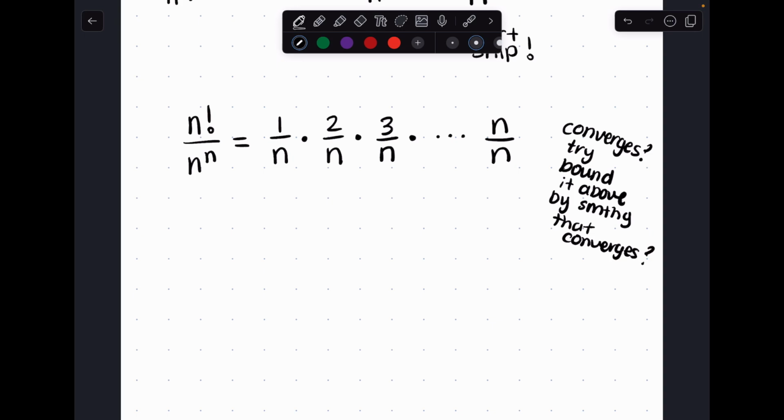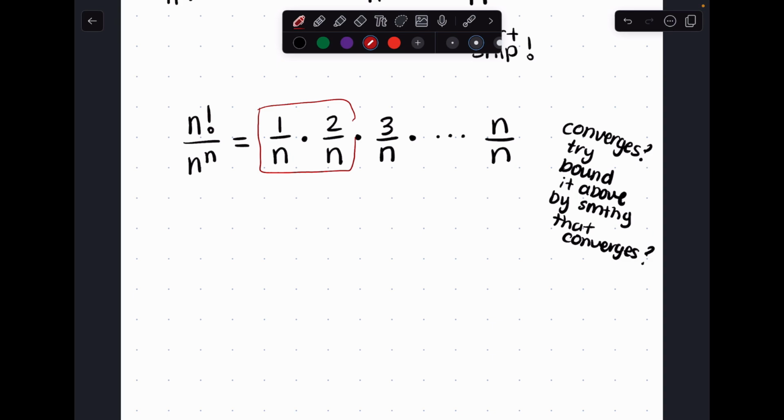So notice, if I look at these first two terms, I have 1 times 2, so 2 over n squared. If I'm just considering that, that gives me a p-series.